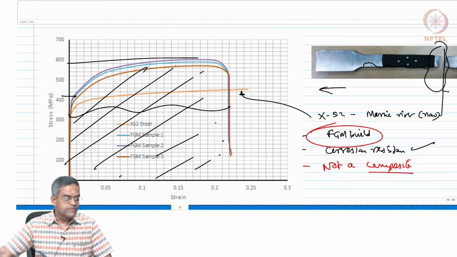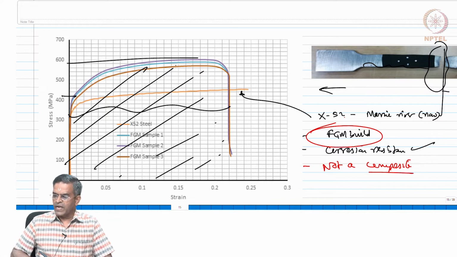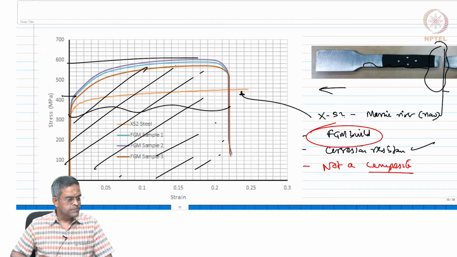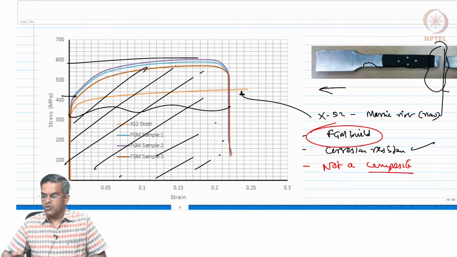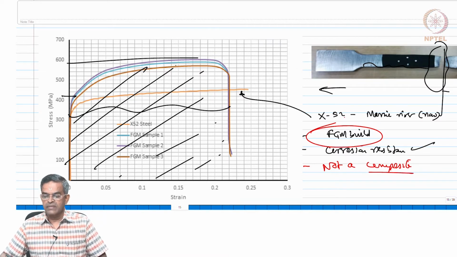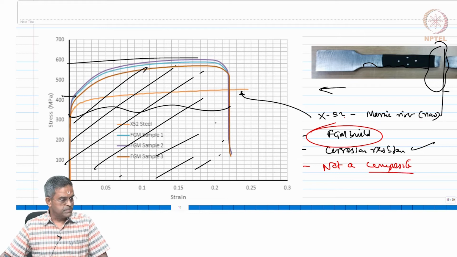Okay. Having said this, if you look at the fractured sample, it does not show any layer interference between the stainless steel and carbon manganese steel.